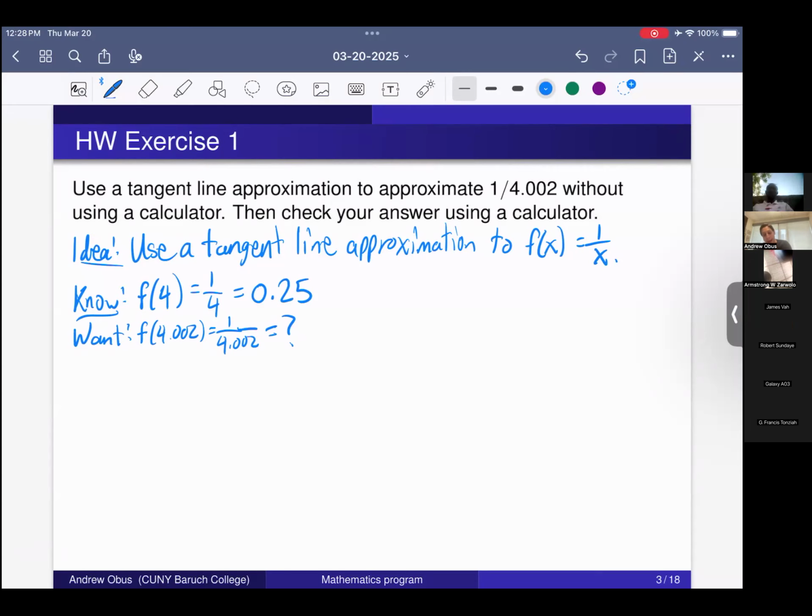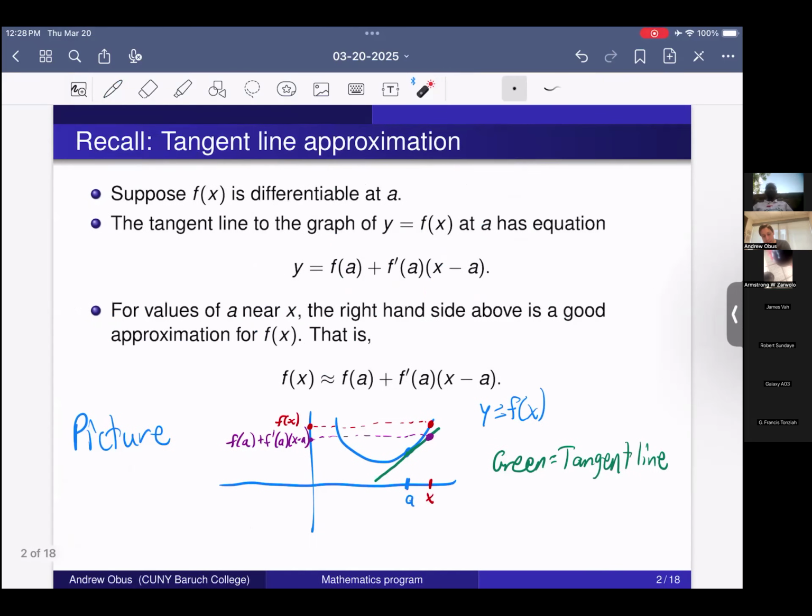So if we go back and look at this tangent line approximation, I have f of x is 1 over x. This a over here in the tangent line is the kind of known value. So the a value that you use in the formula is a value that you can easily evaluate your function at. In our case, the a value is going to be 4.